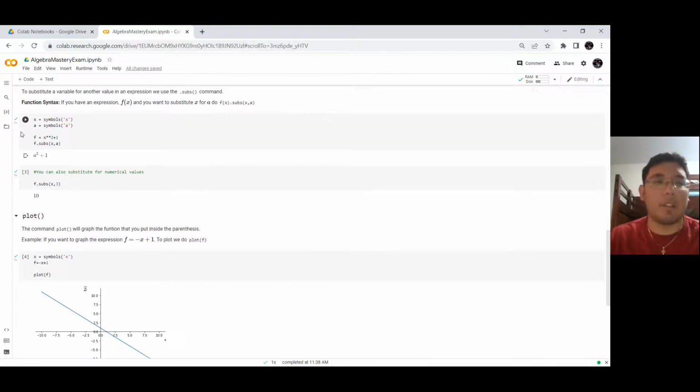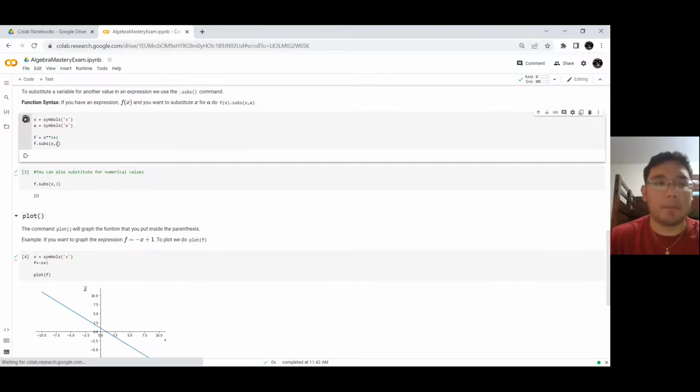Here's a little example. Let's say I have the expression f equals x squared plus 1. If I wanted to substitute x for a such that we get f of a, we just write f dot subs x comma a. That will substitute all instances of x for a's. We can also do numerical values.